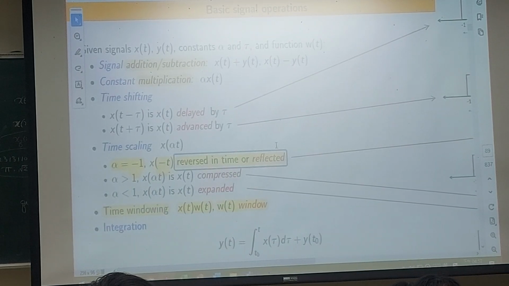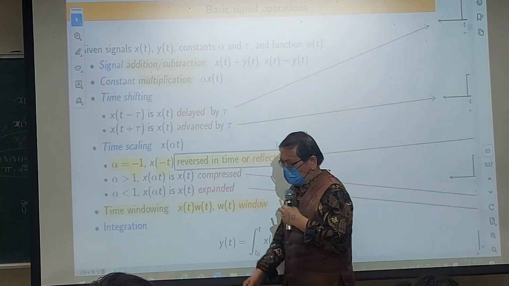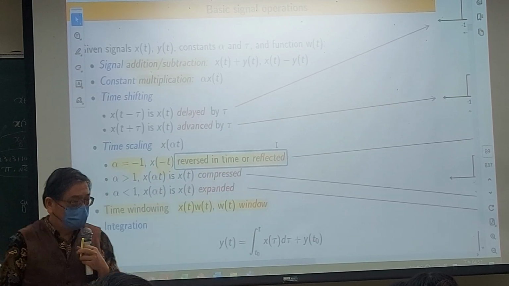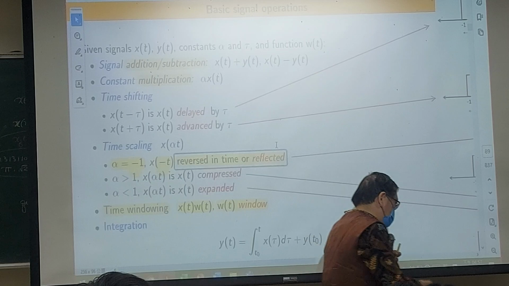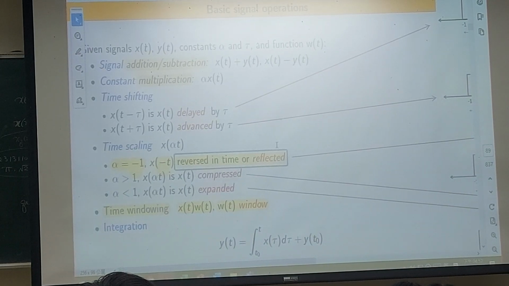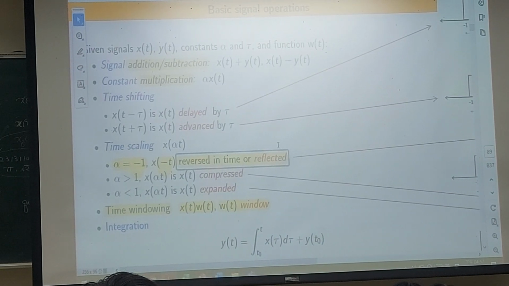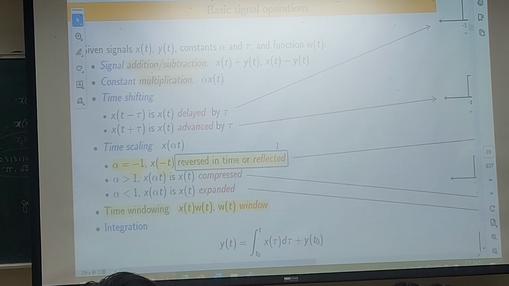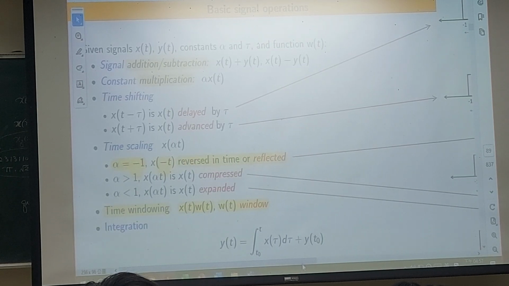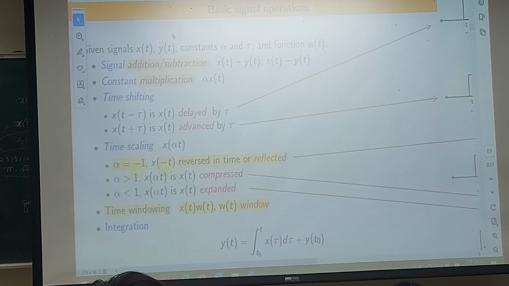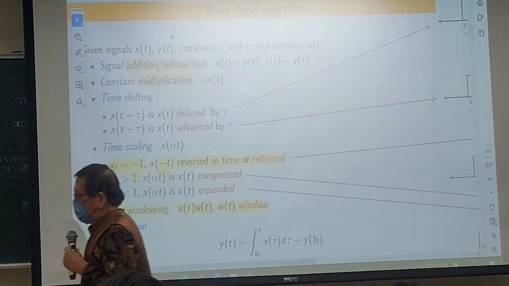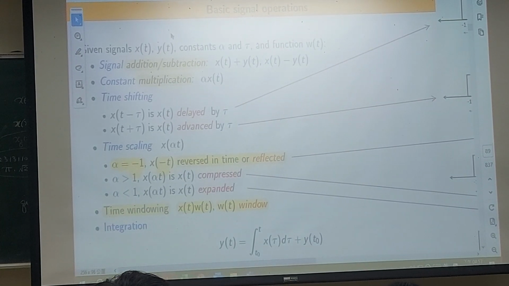All right, later on we are going to manipulate the functions. But before that, let's get an impression of how we do the manipulation graphically. Suppose we have two signals, x of t and y of t, and both are continuous.